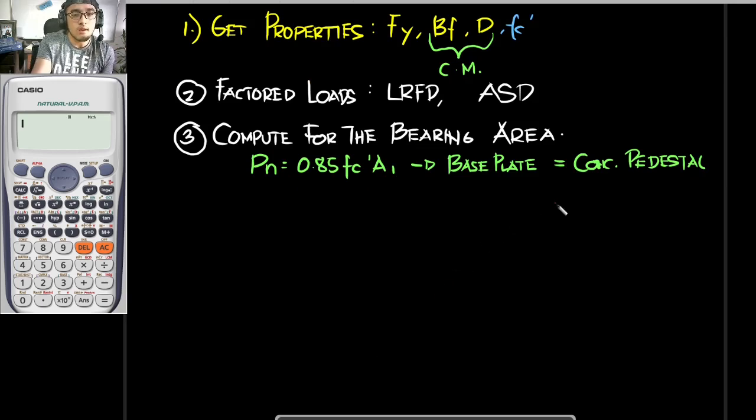So, what if your area for the base plate and the concrete pedestal isn't the same? If that is to be the case, you would be using this formula instead.